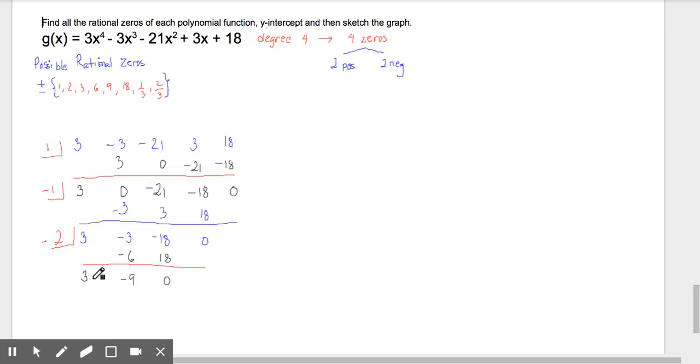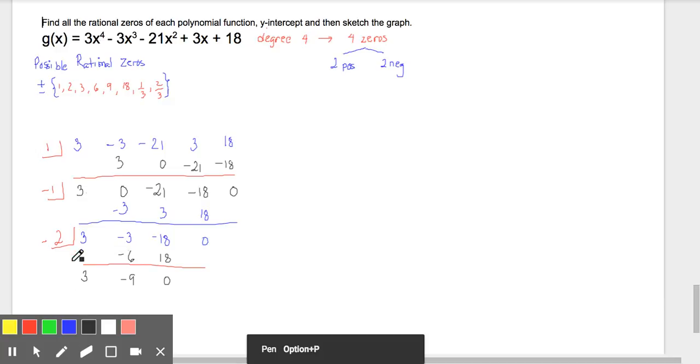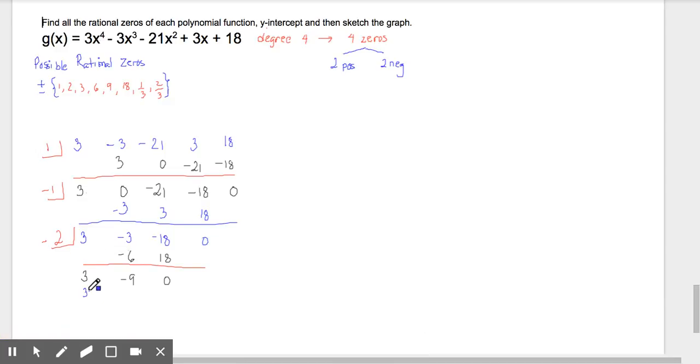Now notice that this is only 3, negative 9, 0. There's only 3 numbers here, and the last one is a 0. So this is the constant term, and this is the x term. So we can write this as 3x minus 9 equals 0. And so we can now solve for x.